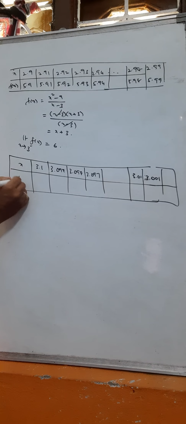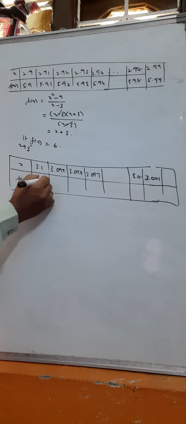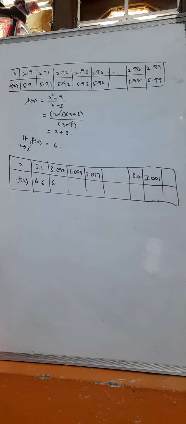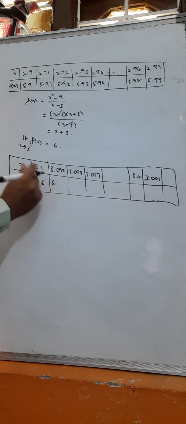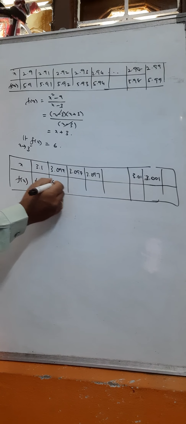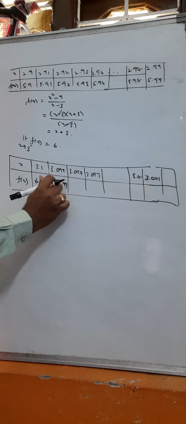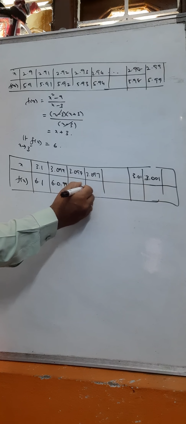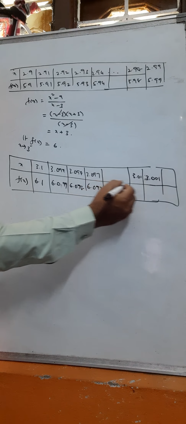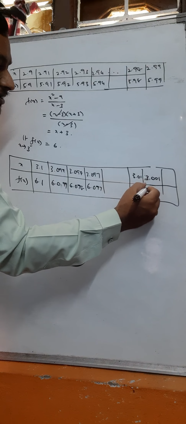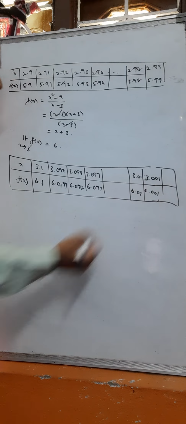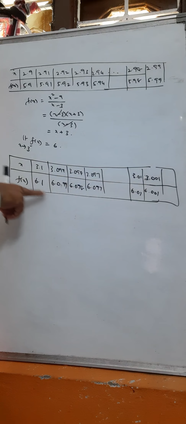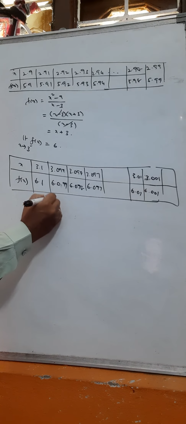So here the f of x value, x plus 3, is 3 plus 3.1, 6.1, 6.099, 6.098, 6.097, and so on to 6.01, 6.001. So here when x approaches 3, automatically f of x approaches 6. So this is limit x tends to 3 plus f of x is equal to 6.